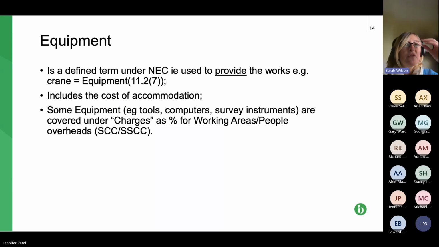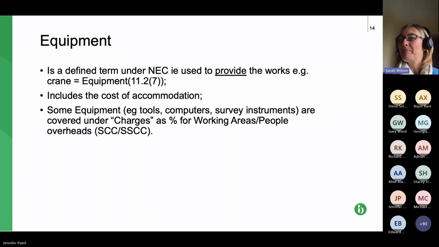Now, I think the reason for that might seem a bit cumbersome, but the reason for that under NEC 3 is that they're all calculated. So, if you've got to calculate the cost of a computer for a compensation event or hand tools, it's going to be pretty onerous. The charges, some of them, including these small items of equipment, are included as a percentage via the contract data part 2. So it just makes it easier to calculate.